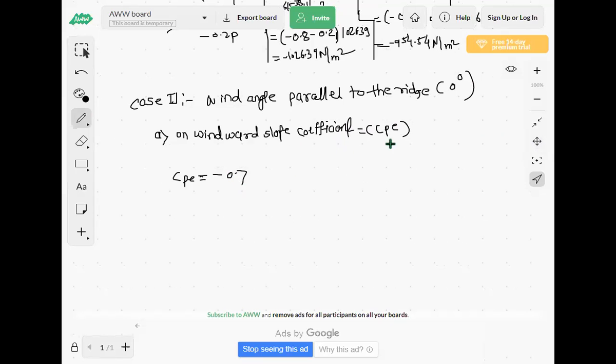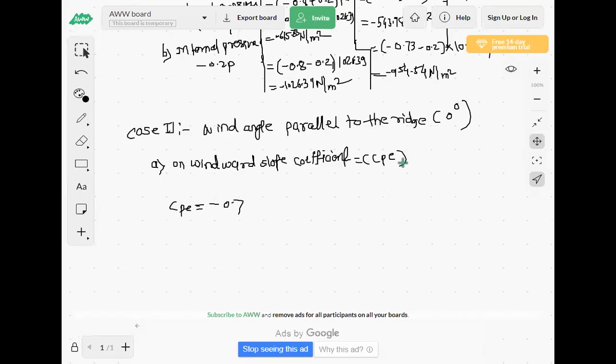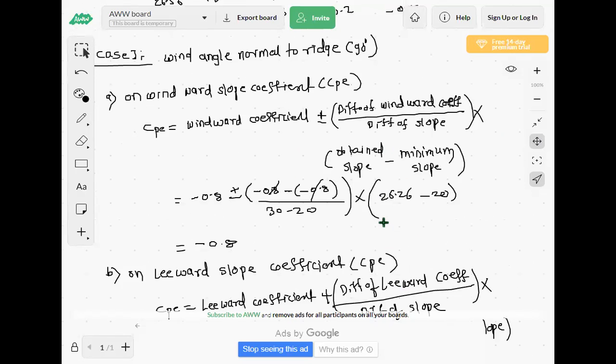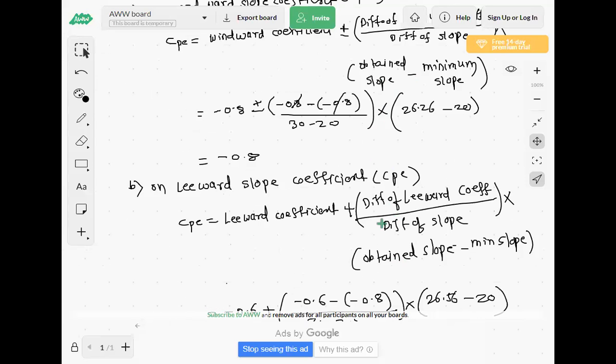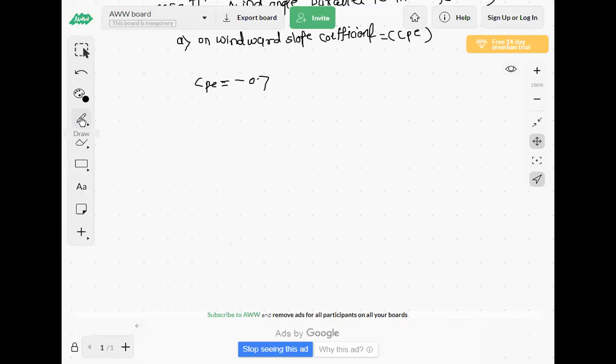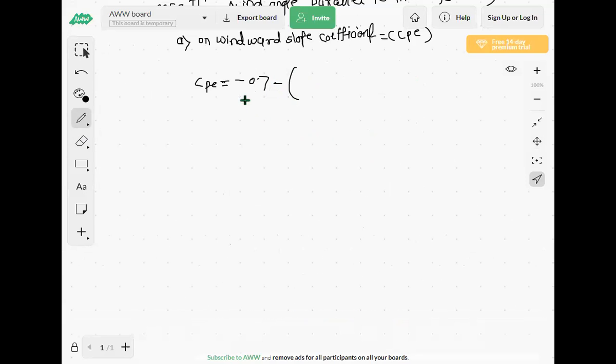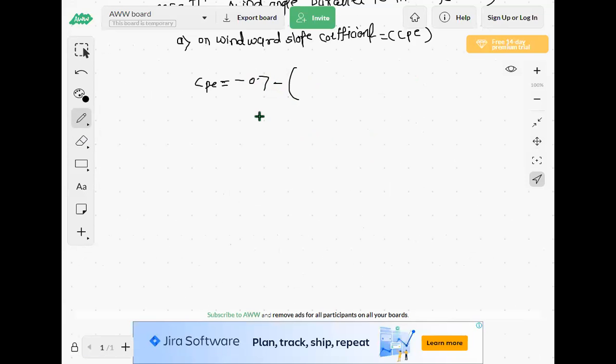Minus 0.7. You can see here minus 0.7, minus 0.2. Why is the minus sign there? Because this coefficient is minus 0.7 and for 30 degree angle the coefficient is minus 0.2.